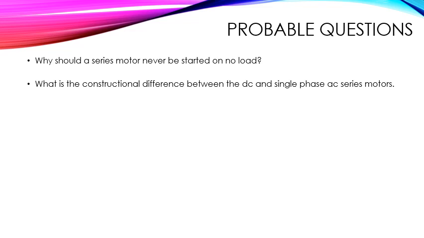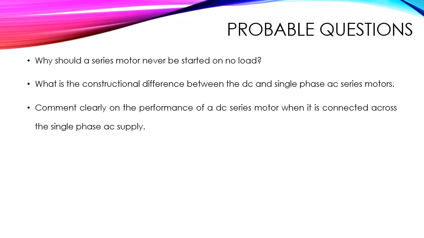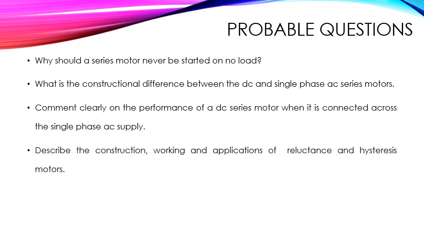Second question: what is the constructional difference between the DC and single phase AC series motors? Comment clearly on the performance of a DC series motor when it is connected across a single phase AC supply. Means, when a DC series motor is connected to a single phase AC supply, how will it perform? We have to comment on that.